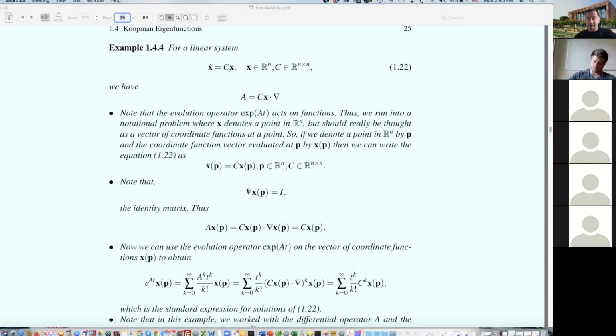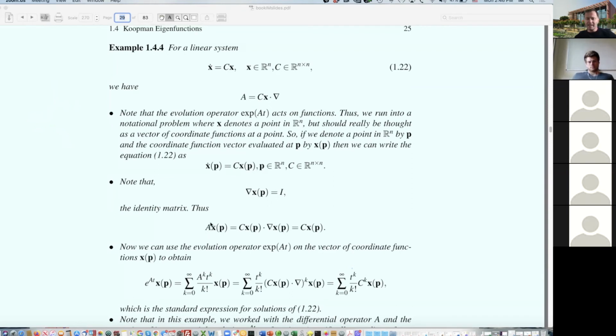Now, the grad applied to x is just identity. Think about this. The gradient here consists of partial derivatives. For example, partial with respect to x1, partial with respect to x2, and so on. But x itself contains x1, x2, and x3. So partial x1 with respect to x1 is just 1. Partial x1 with respect to x2 is 0. So this gradient here is just identity.